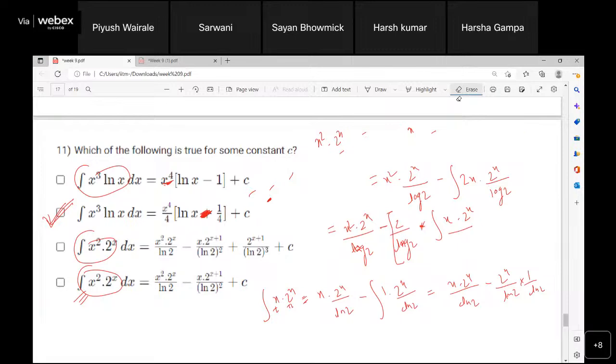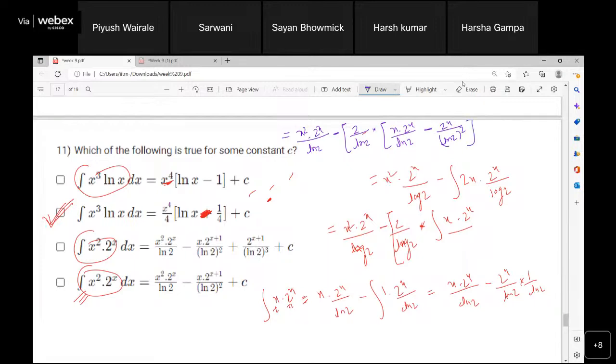I need to simplify it. The first term is x square into 2 to the power x upon ln of 2, minus twice of ln of 2, into x into 2 to the power x upon ln of 2 square.